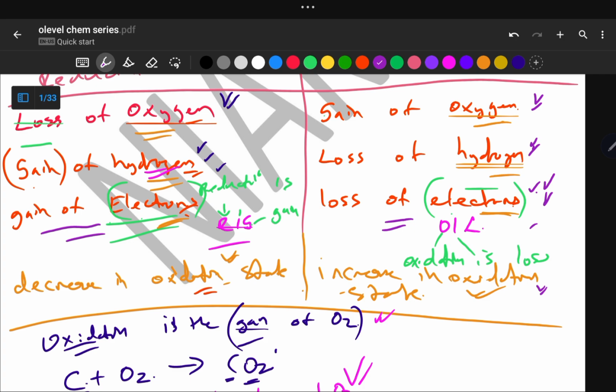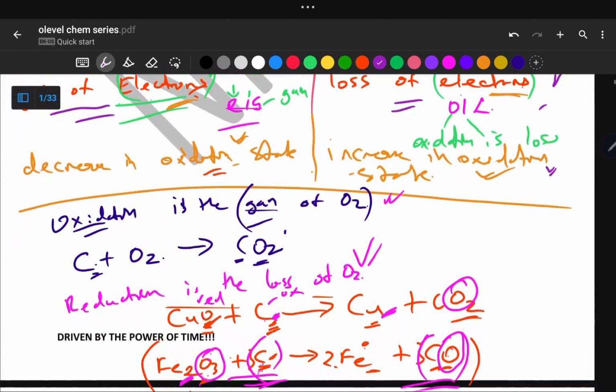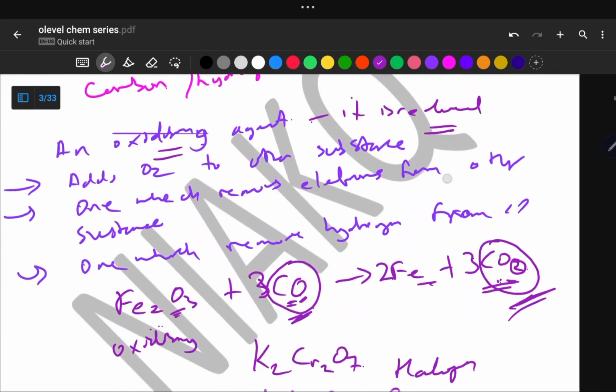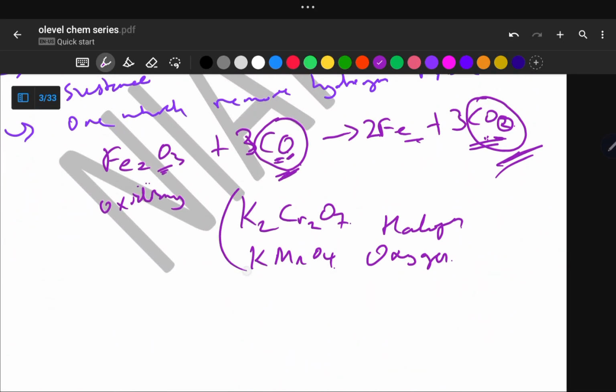And then we have the oxidizing agents, the potassium dichromate and the potassium permanganate. So we are going to explain these when we are doing organic chemistry. For potassium dichromate, the initial color is orange, and then the final color changes from orange to green, right?